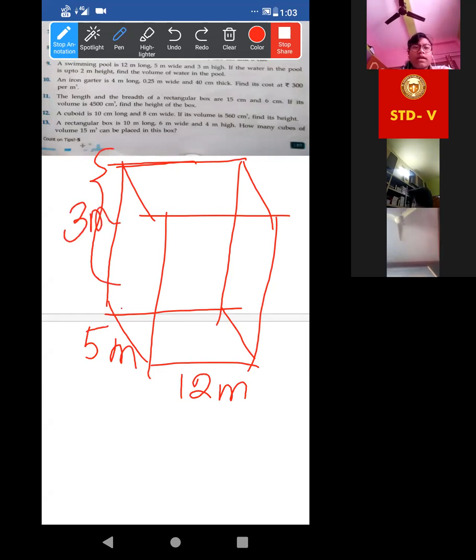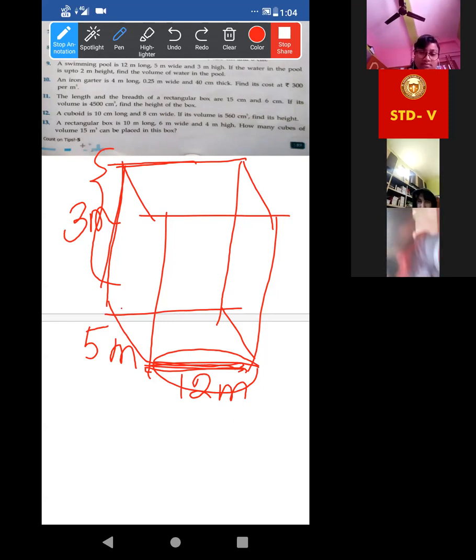Understood? Whatever, it is by freehand I have drawn, 12 looks less than 3 meter. Just forget about this. Now look, it is given that there is water in the pool up to 2 meter high. Total height is how much? 3 meter. But the water is up to 2 meter.